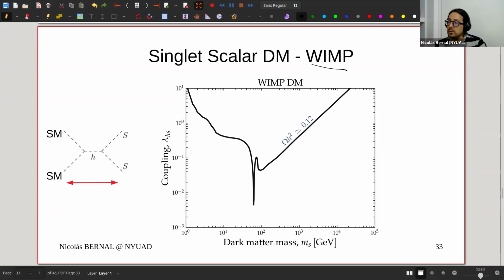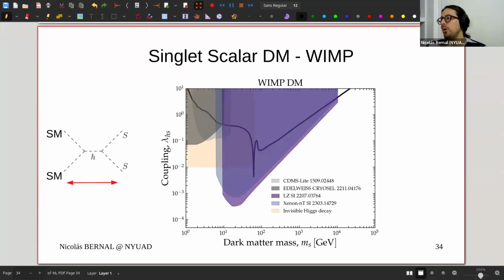You can see, for instance, that this peak here corresponds to the Higgs funnel, when you have a resonant production of dark matter through a resonant s-channel exchange of the Higgs. And this corresponds to a kinematic threshold: if dark matter is heavy enough, you can start annihilating into Z's, into W's, into tops, and that's it. So this is the WIMP paradigm in this model.